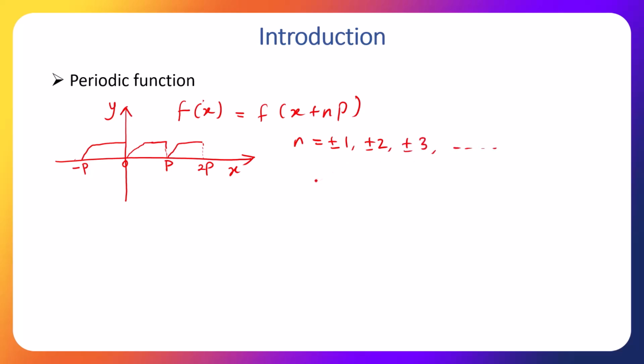In this case, when n is positive, it indicates the positive x direction, and when n is negative, it indicates the negative x direction.